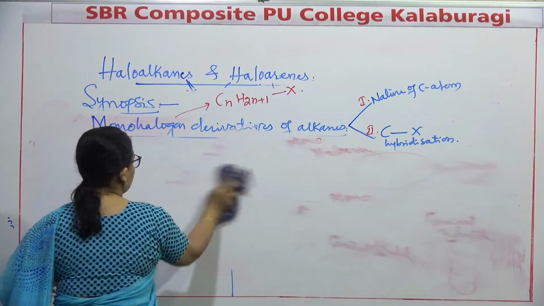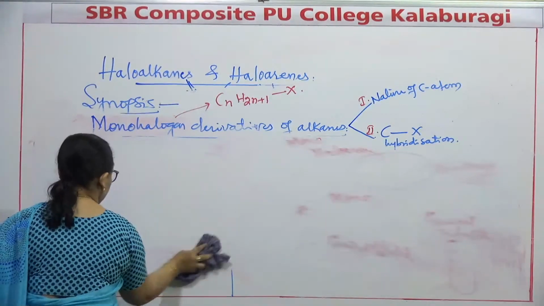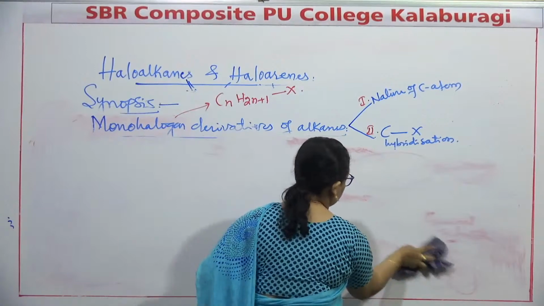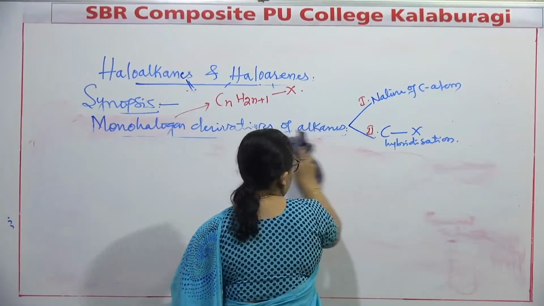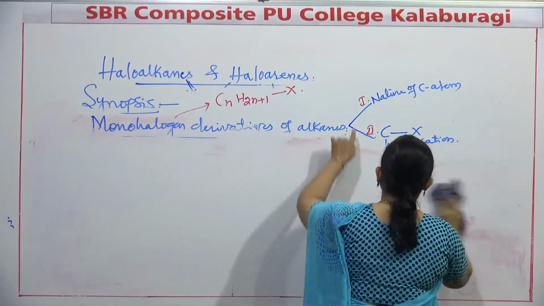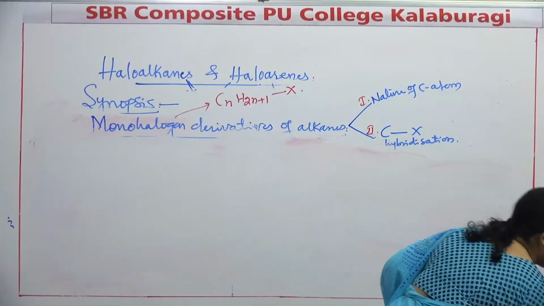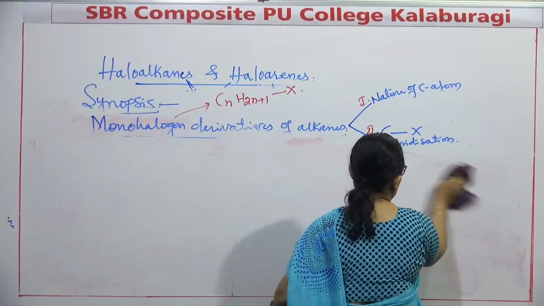Let us start with the next one. Second classification, let us start, children. First we have completed on the basis of nature of carbon atom, and the second classification is on the basis of what, children?